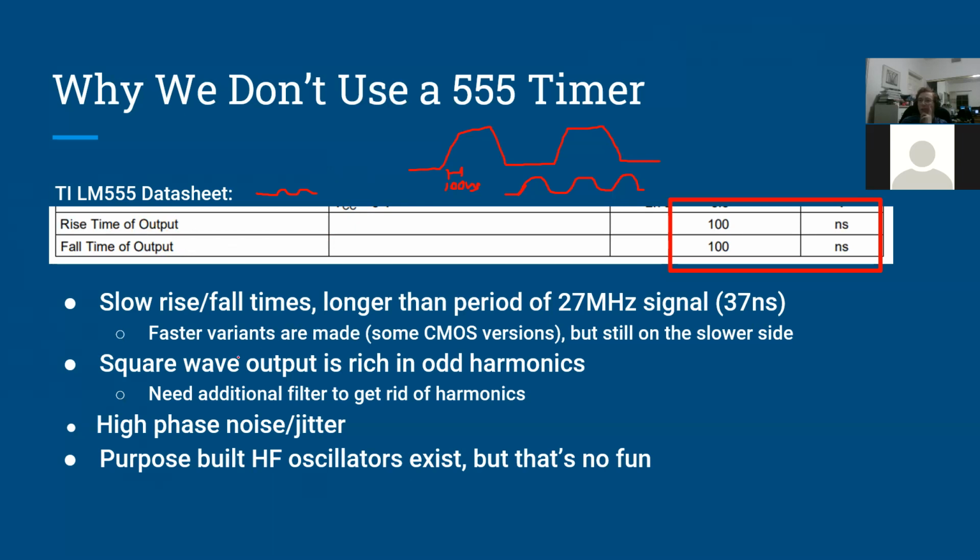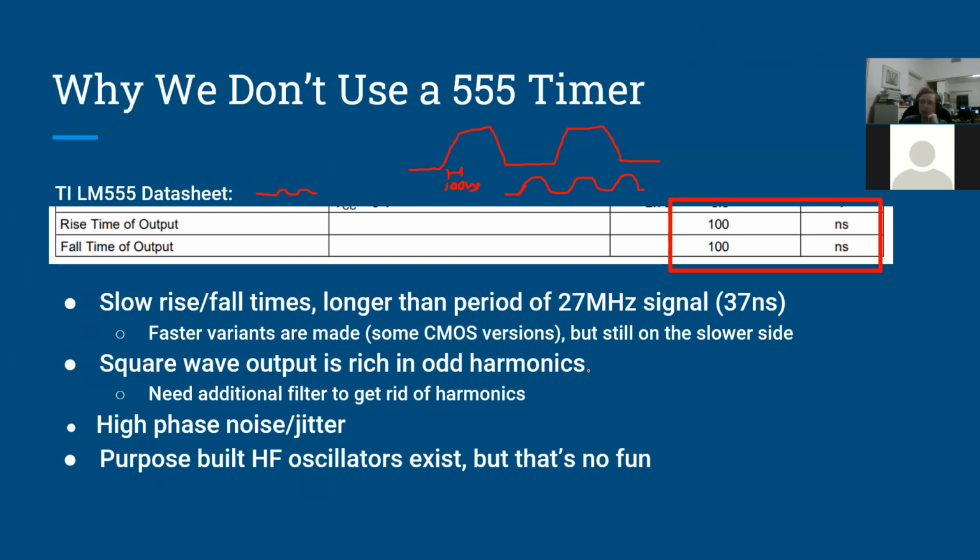So that's one problem. The other problem is the output is a square wave, which I write here is rich in odd harmonics. Remember, if you take the Fourier series of a square wave, you get some energy at your fundamental frequency, and you get a bunch of other harmonics that are related to a sinc function and so on.